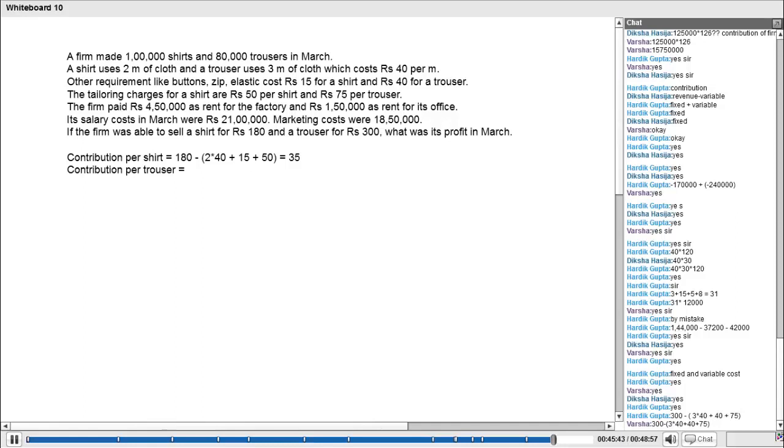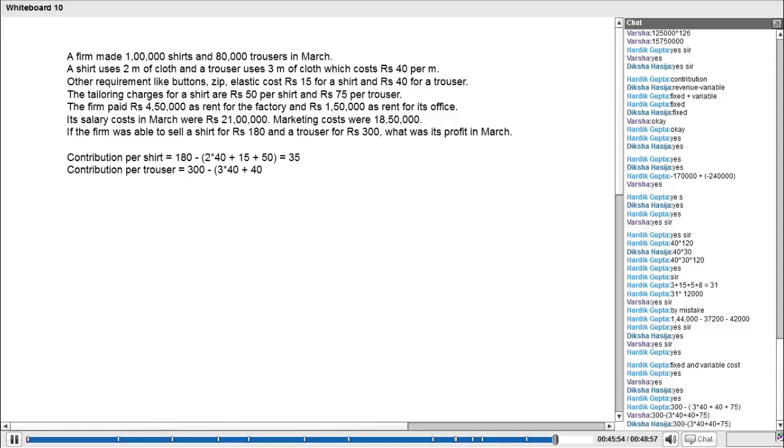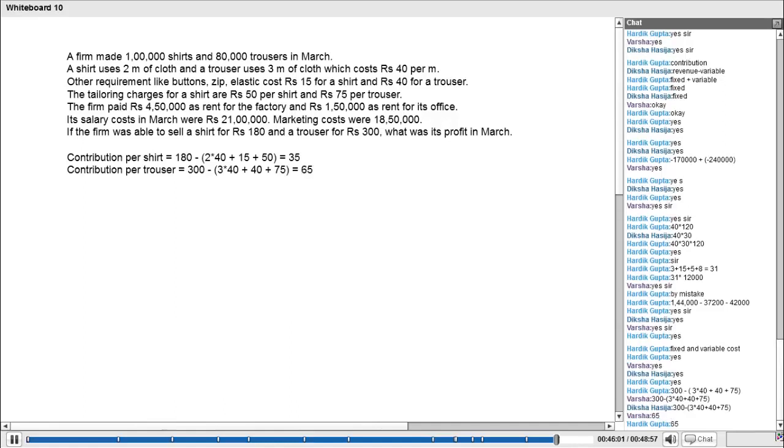Yeah, so 300 is the selling price. It uses 3 meters of cloth at 40, plus it uses 40 rupees of buttons, etc. and 75 rupees. So how much is this? 120, 160, 235, 65. Okay. So contribution per trouser is 65.